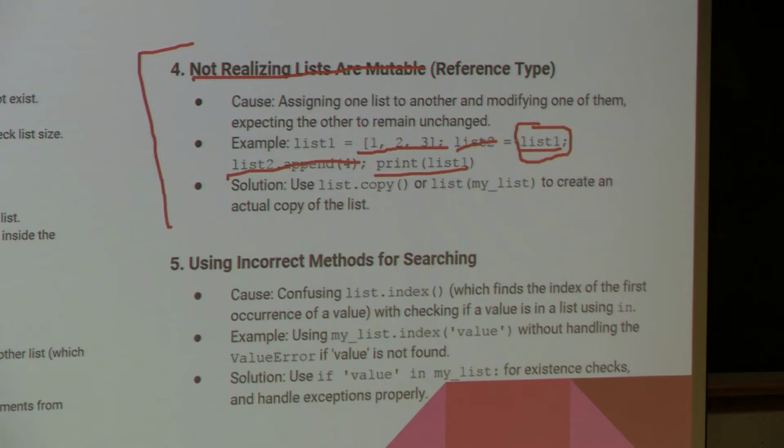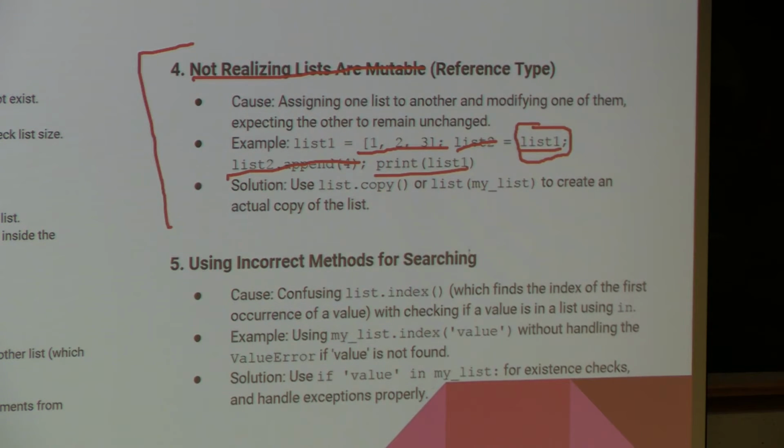When I'm doing list 2 equals list 1, there's just one object and both of them are referring to the same thing. But when I'm doing list 2 equals square bracket 1, 2, 3, whatnot, that is creating a new object. So I'm having two objects, and both of them are independent of each other. Okay.